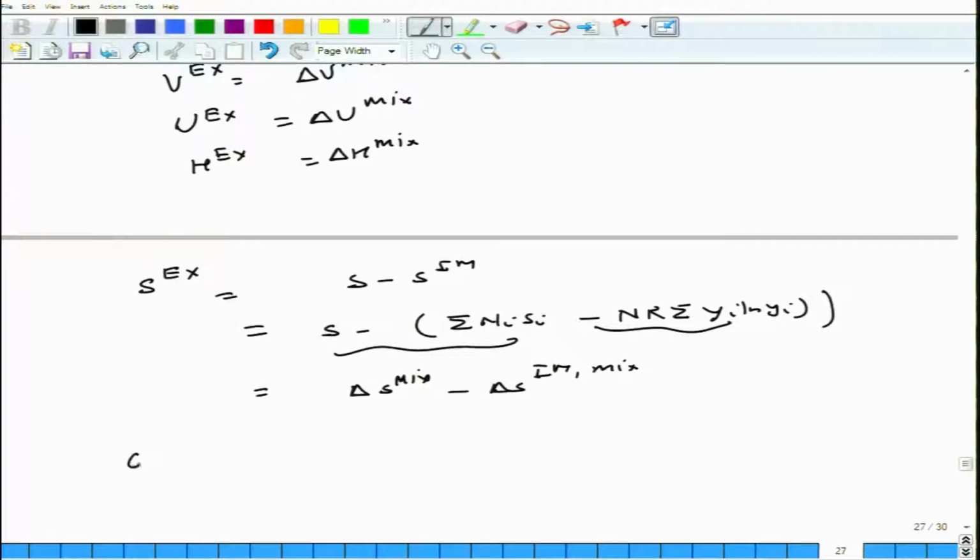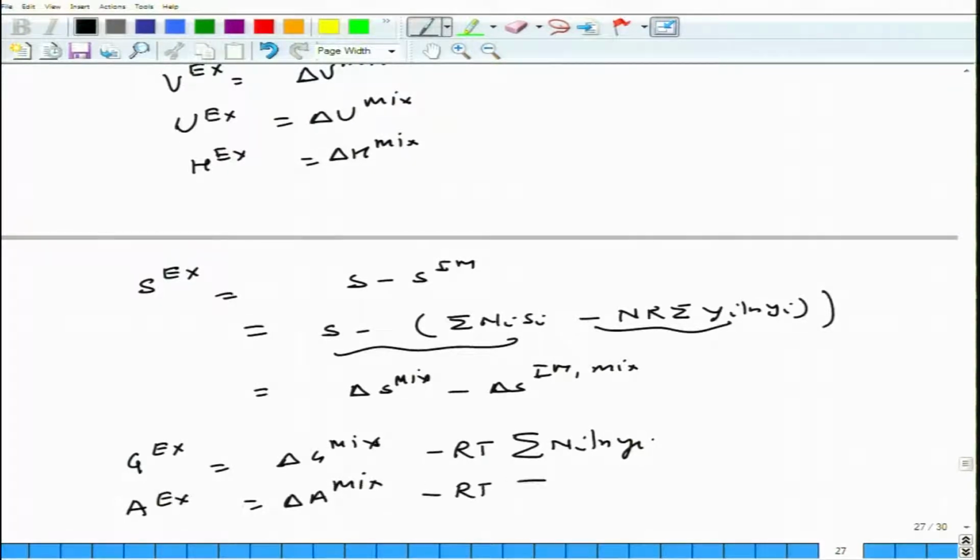Similarly, I can write Gx is basically delta G mix minus RT summation Ni ln Yi. So, this is something which I want to talk about as far as the excess property is concerned.